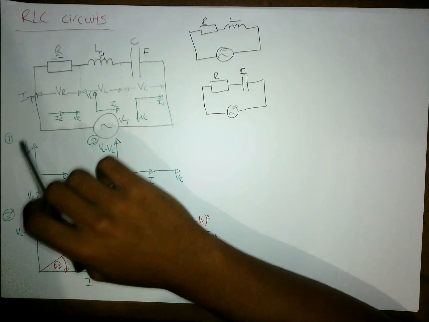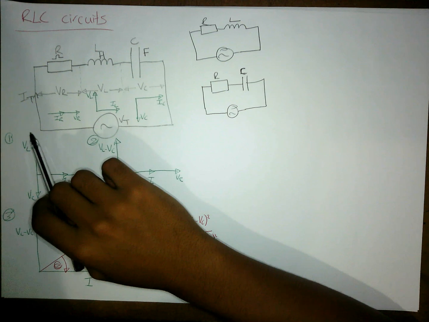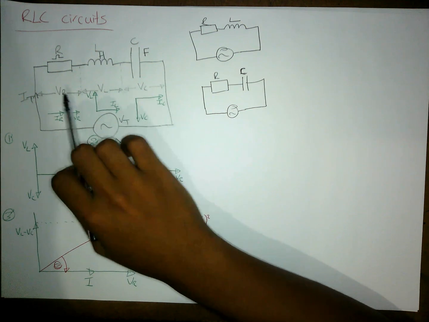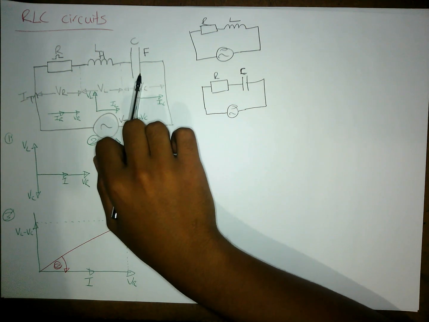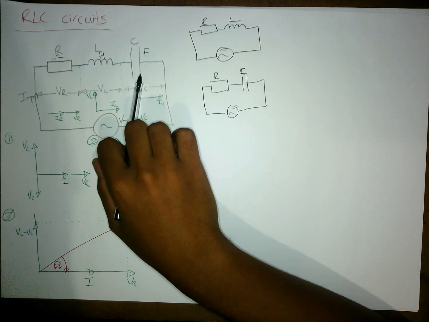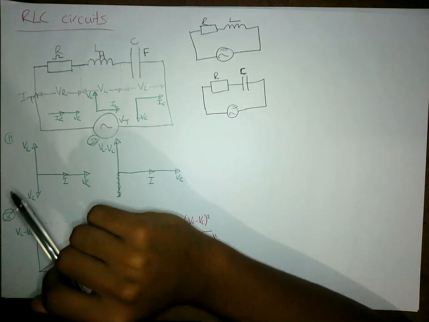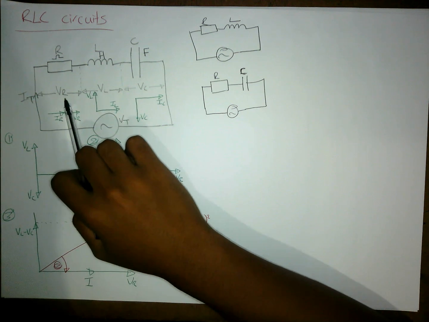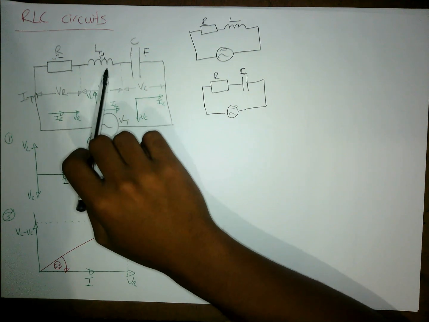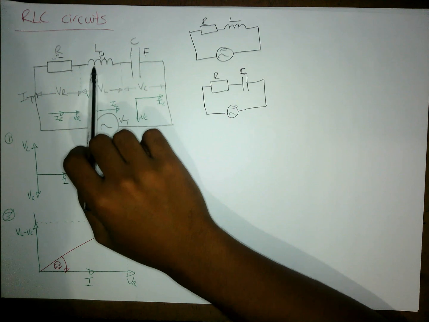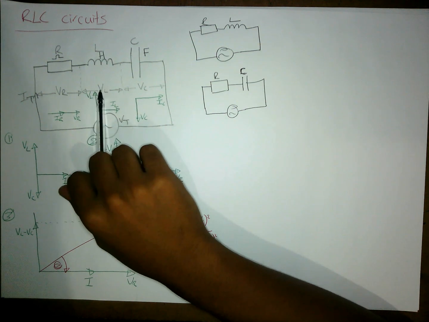Because they are in series, each of them has its own resistance, right? And when a component has resistance, it must have a voltage drop. That voltage drop is named VR for the resistor. The inductor has a voltage drop called VL.